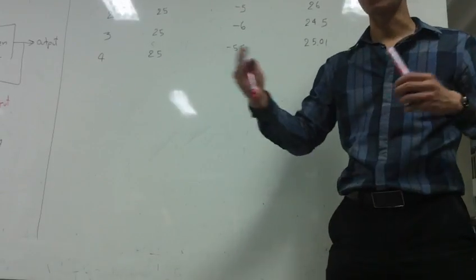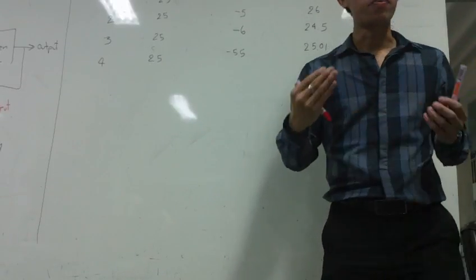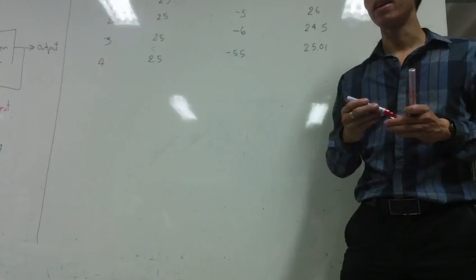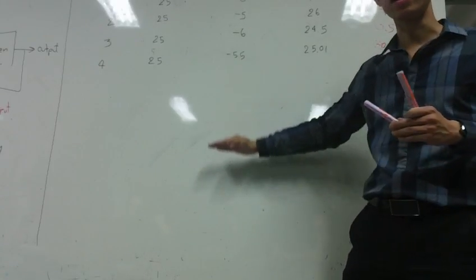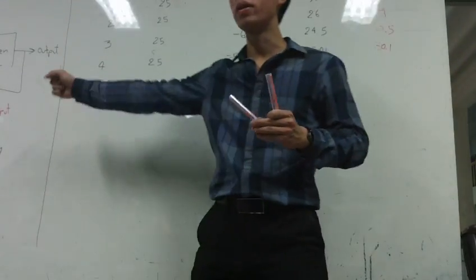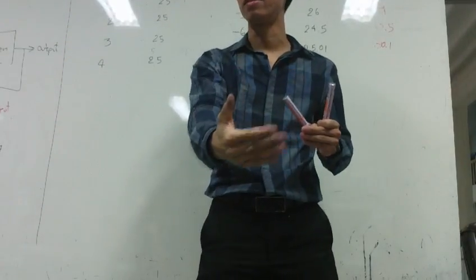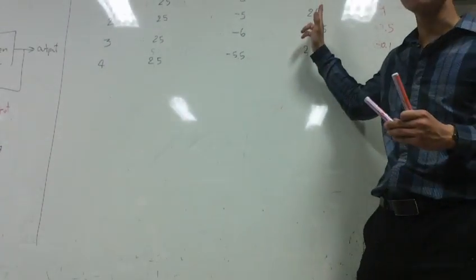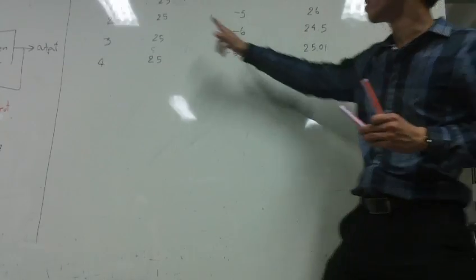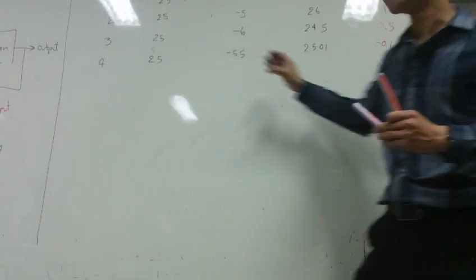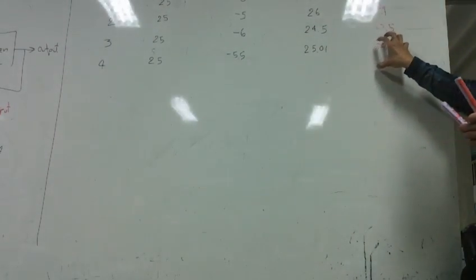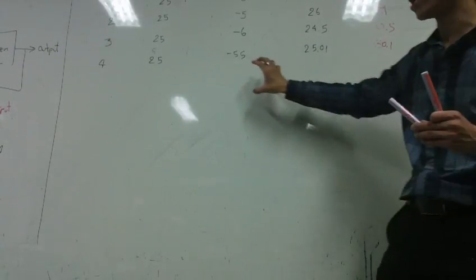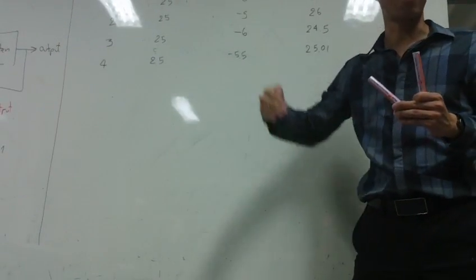It doesn't matter how much the temperature of the room is, it will automatically adjust itself. Let's say you open the door, the heat comes in, and the temperature of the room goes up. The controller will take a look at the error and try to adjust it according to the amount.